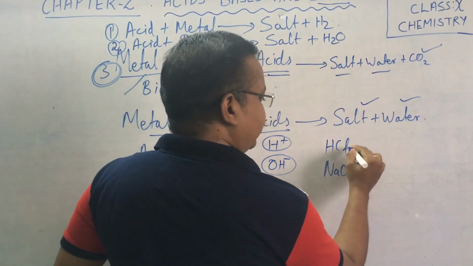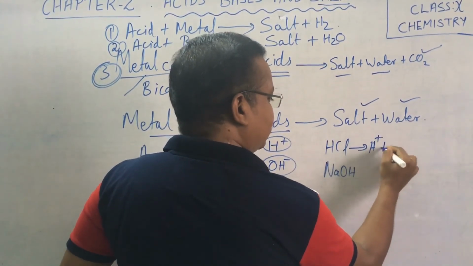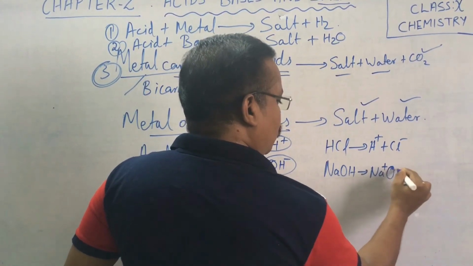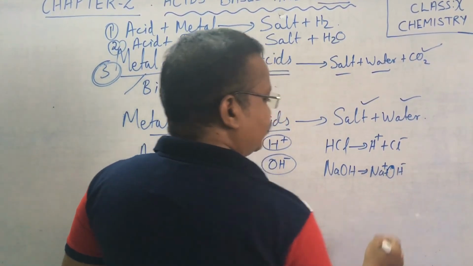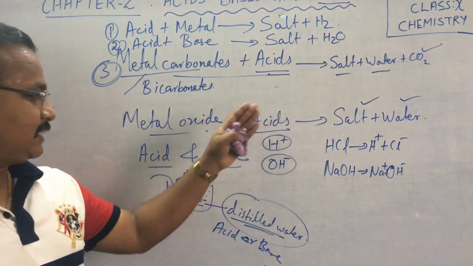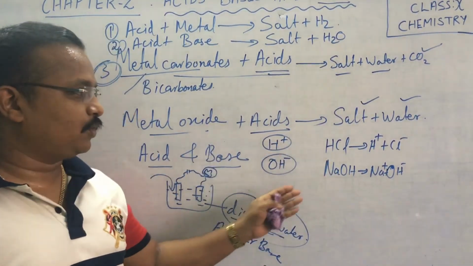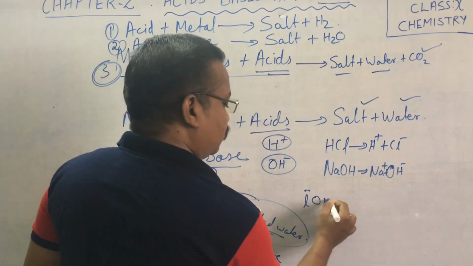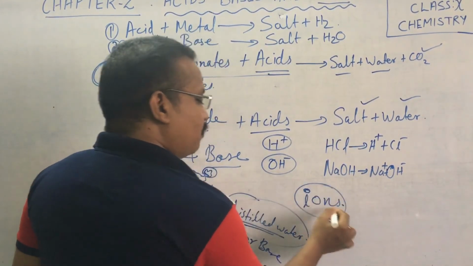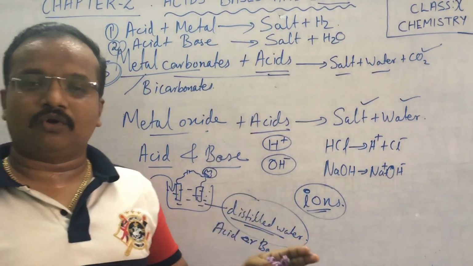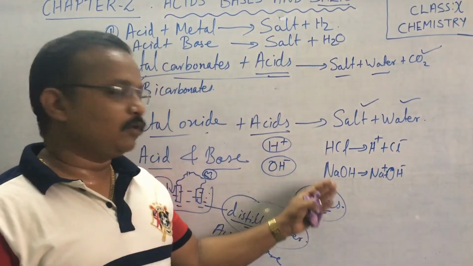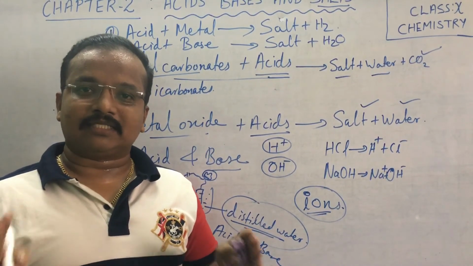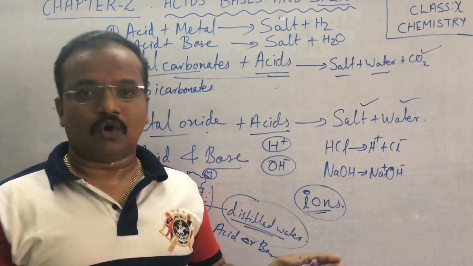They dissociate into H positive plus Cl negative, and Na positive and OH negative, right? So whether it is acid, base or even salts, they produce ions in solution. These ions, whether cation or anion, are the common substance seen in acids and bases.